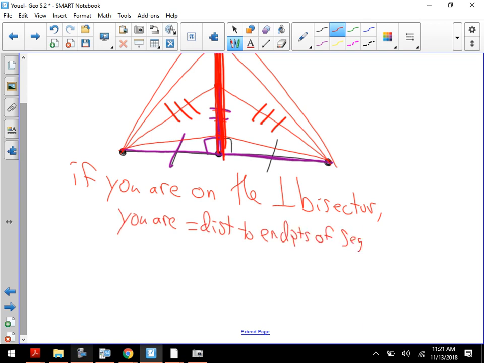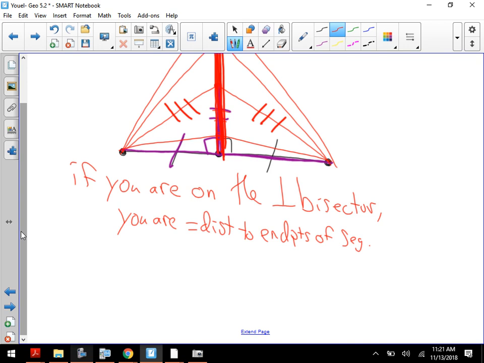I'll show you. Equidistant. Instead of writing the word equidistant, I just wrote equal dist. No matter what, you're always going to be equal distance to the endpoints of the segment.